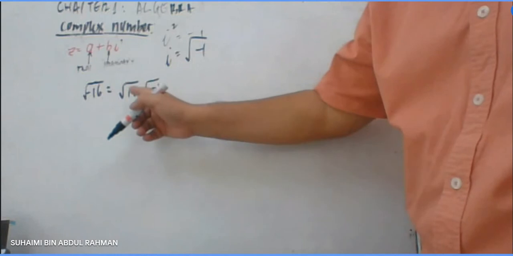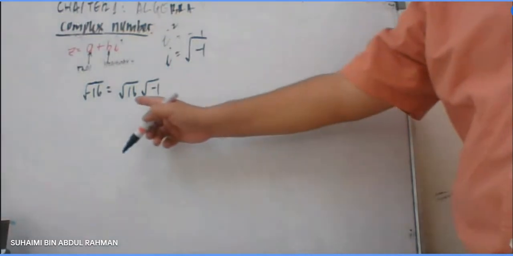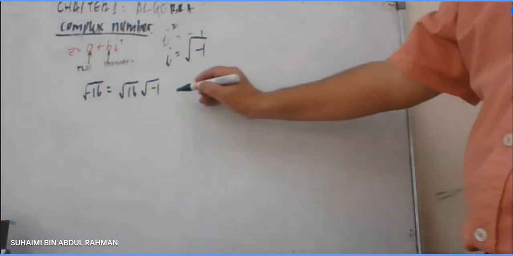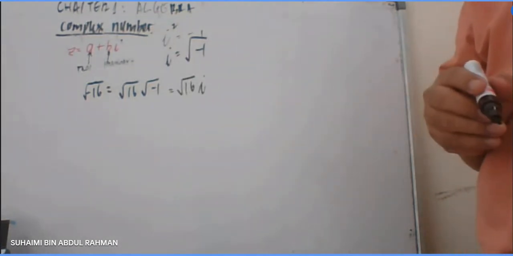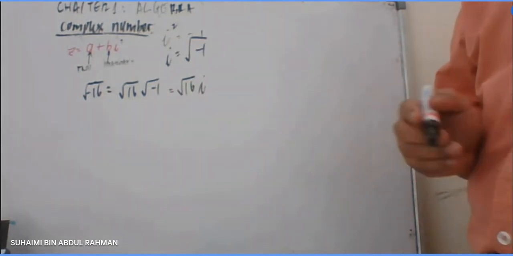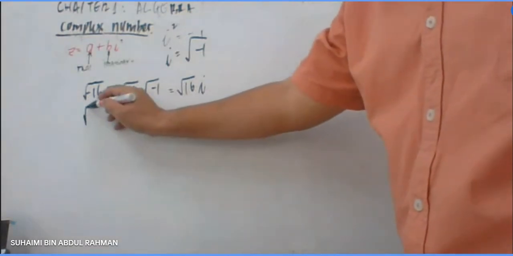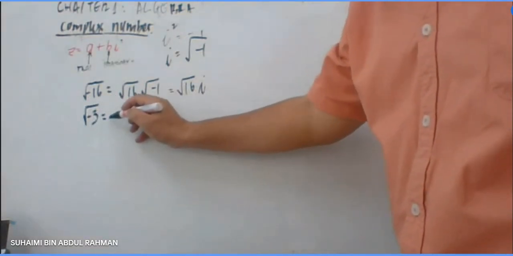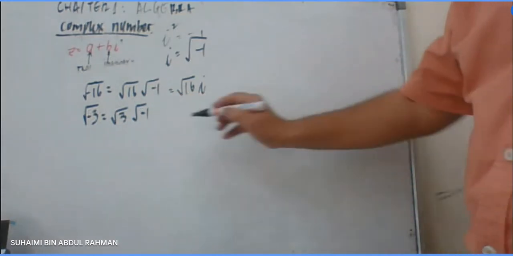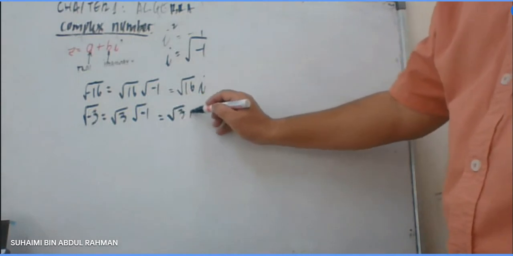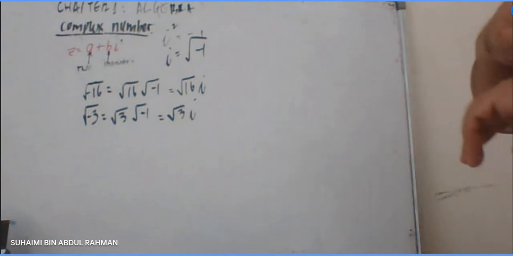Square root of -16 can be written as square root of 16 multiplied by square root of -1. So it's like the square root of 16 i. Square root of -1 is i. Similarly, the square root of -3, for example, we can rewrite as square root of 3 multiplied by square root of -1, which is square root of 3i.